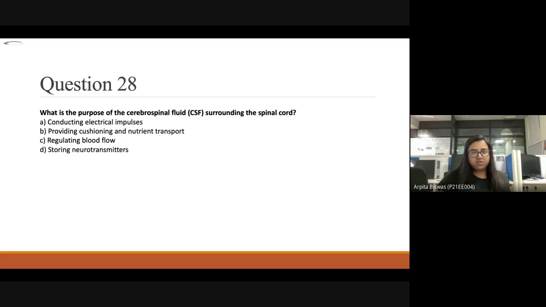First option is conducting the electrical impulses. Second option is providing cushioning and nutrient transport. And option C is regulating the blood flow. And option D is storing neurotransmitter. So what is the right option here?